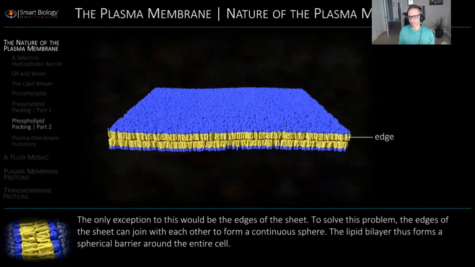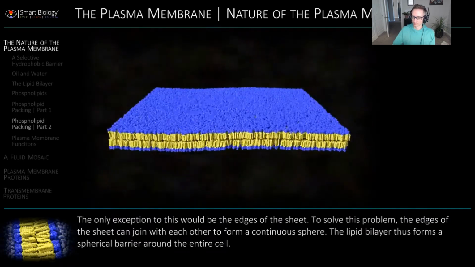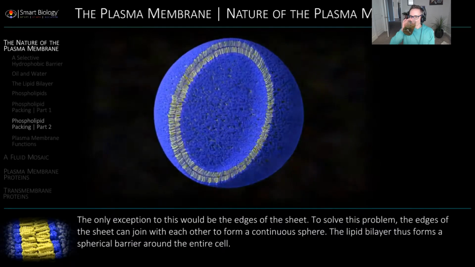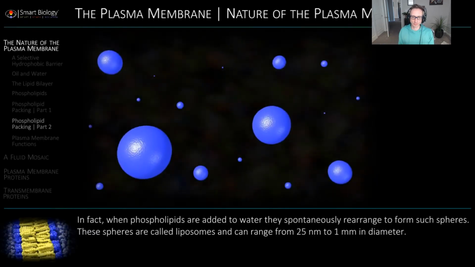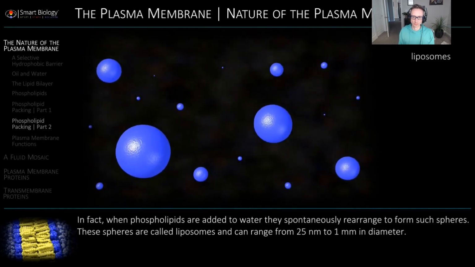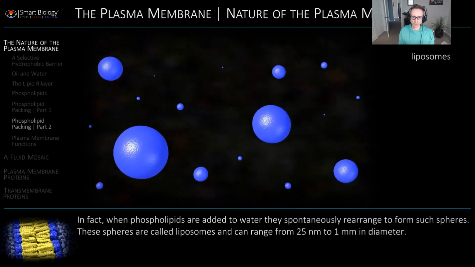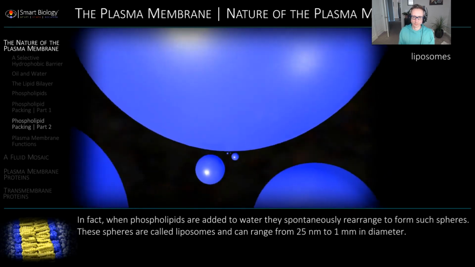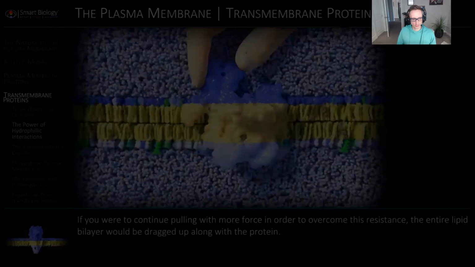Solve this problem, the edges of the sheet can join with each other to form a continuous sphere. These spheres are called liposomes and can range from 25 nanometers to 1 millimeter in diameter.